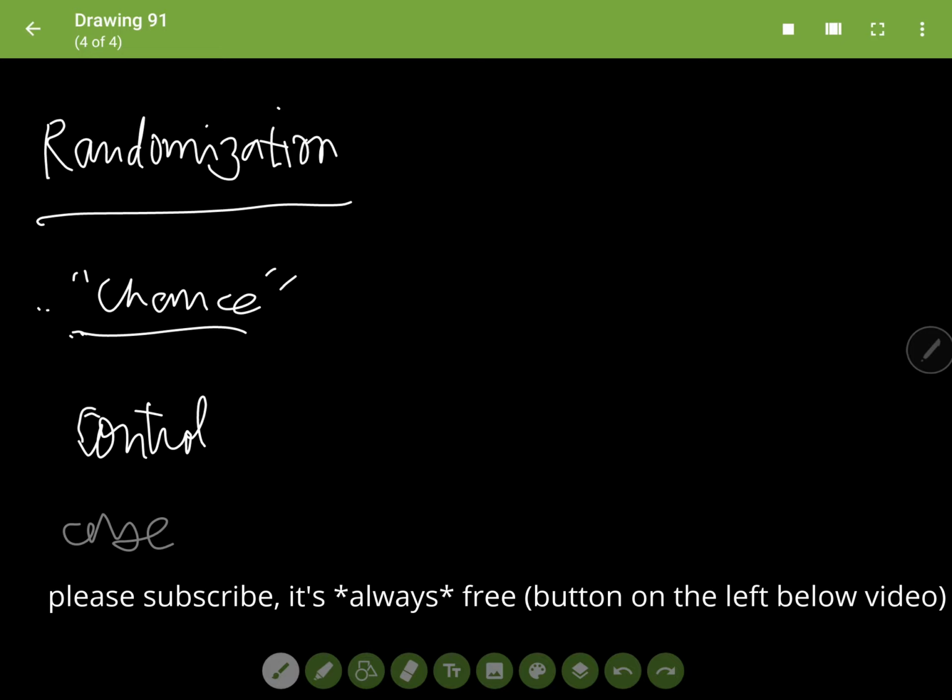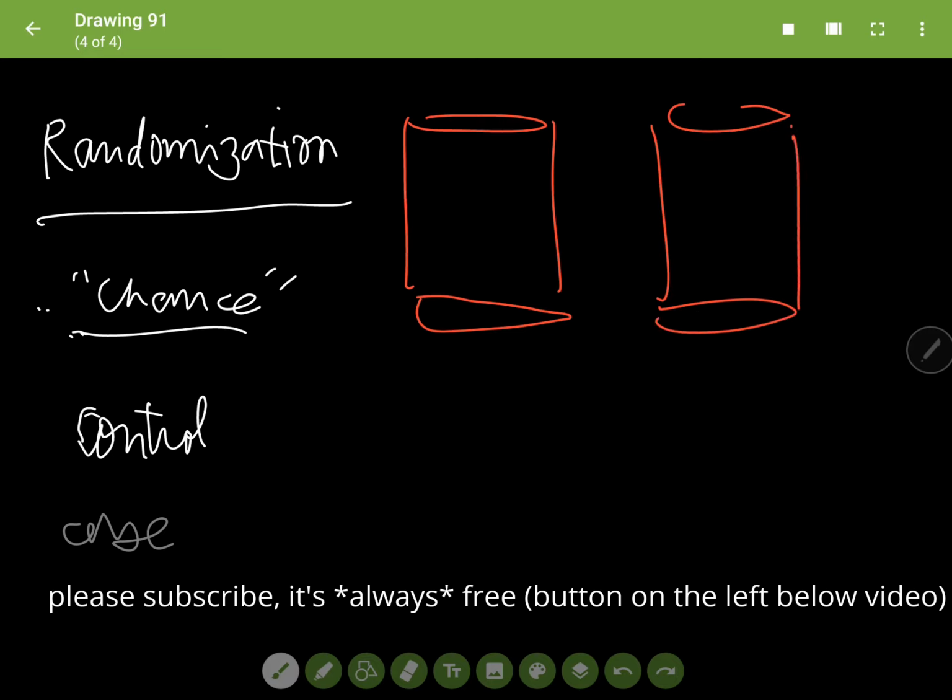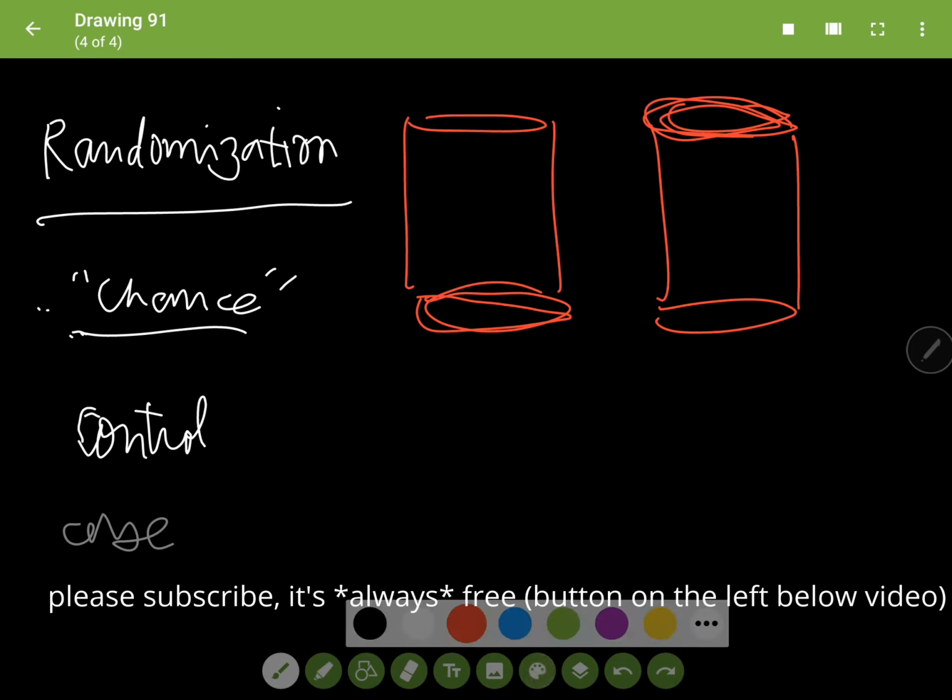So you're choosing people, hopefully with a large sample size from the population. And when you do that, you're going to get a lot of different combinations of people.